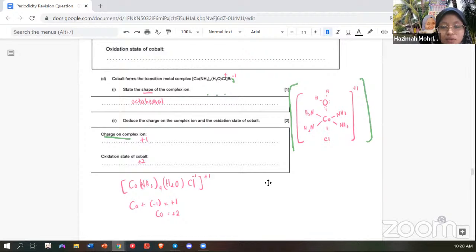Kemudian oxidation state of cobalt ni macam tadi, buat cara tadi yang saya tunjuk tu. So kita tahu yang NH3 ni kosong, charge dia. H2O pun kosong, Cl is -1. So kita buat macam ni, Co plus -1 dapat +1 sebab kita tahu yang charge dia ialah +1. So kita akan dapat oxidation state of cobalt which is +2. Okay, faham tak?